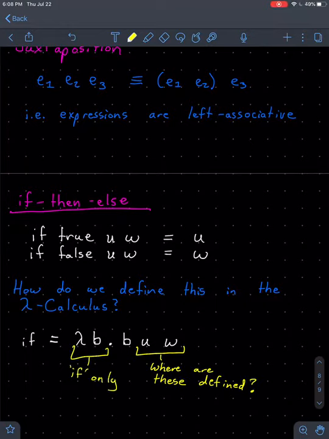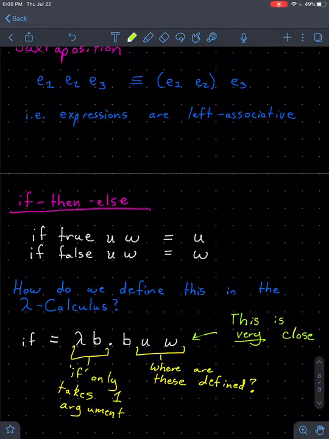So how could we fix this? What could we do to clean this up?